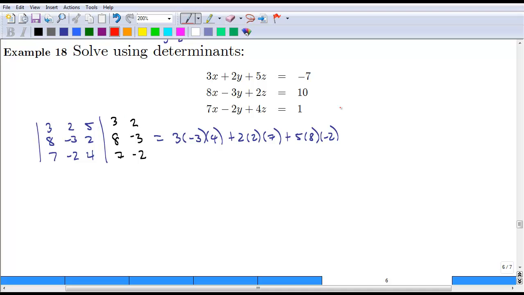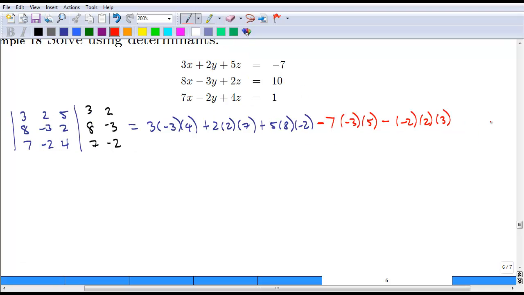The diagonals going up are going to be negative. So we have 7 times negative 3 times 5, minus negative 2 times 2 times 3, and then minus 4 times 8 times 2.